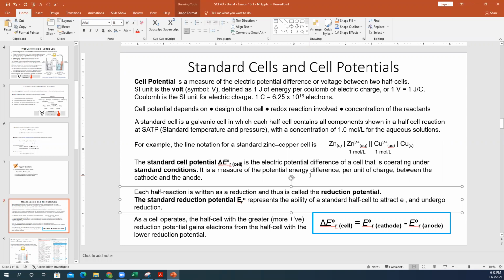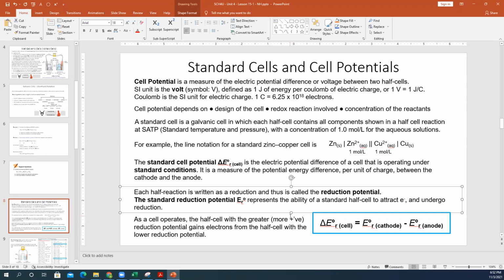Each half reaction is then written as a reduction, and it's called the reduction potential. So even though it's an oxidation half reaction, you rewrite it as a reduction, and these are called reduction potentials. The standard reduction potential, E naught R, represents the ability of a standard half cell to attract electrons and undergo reduction.